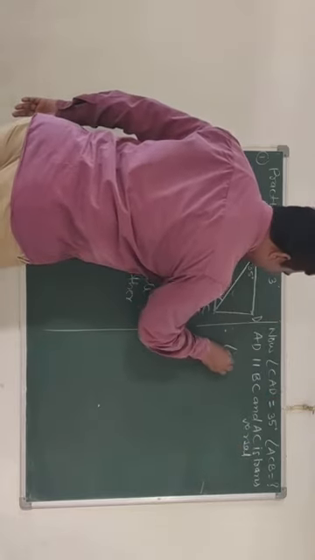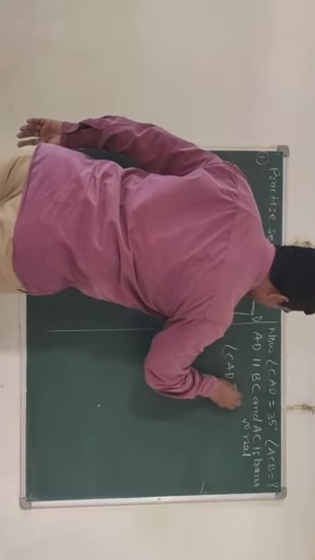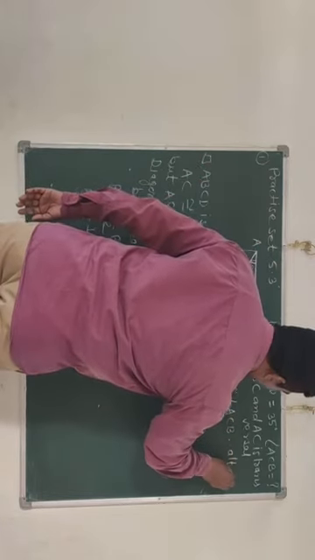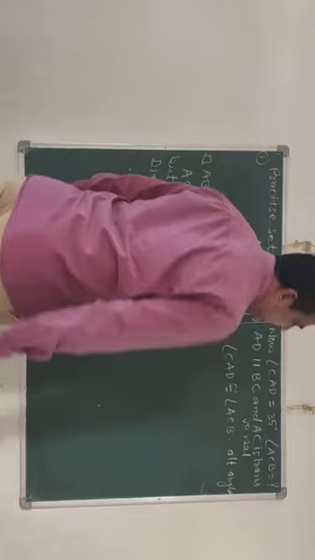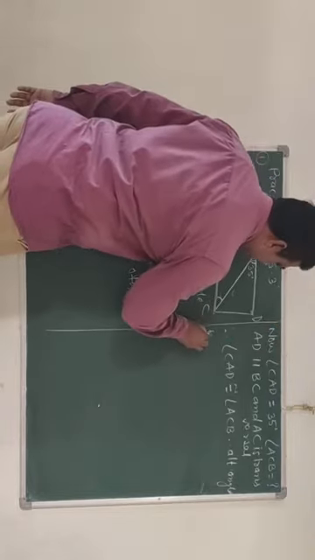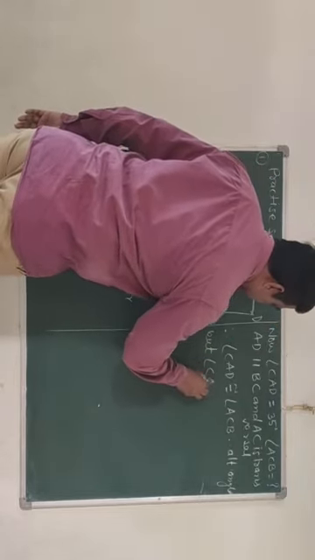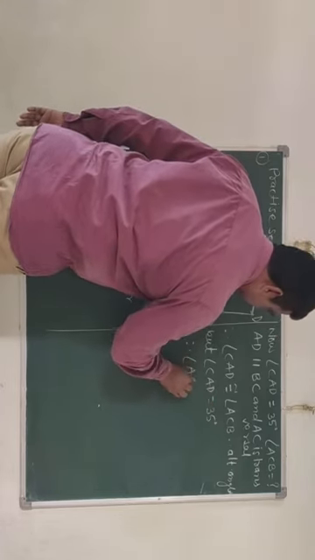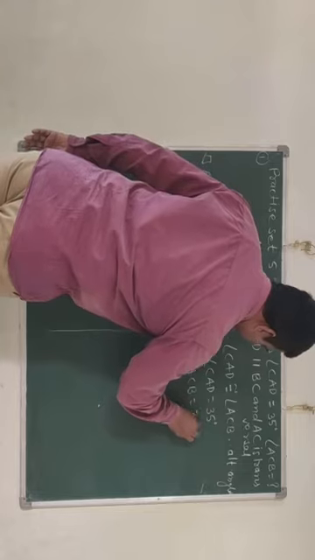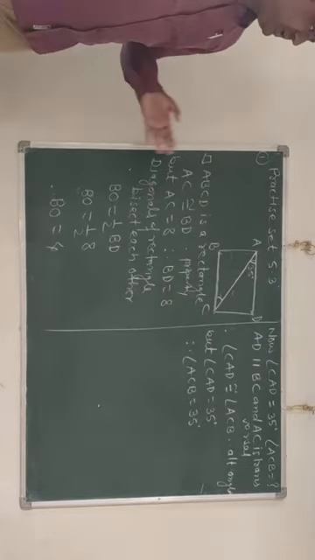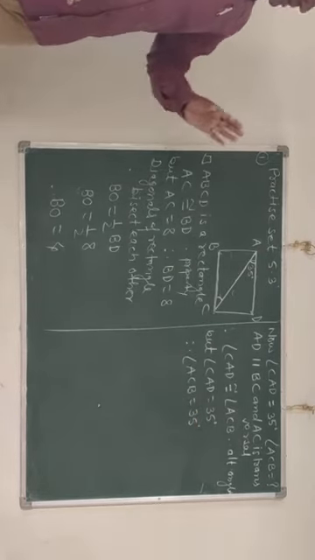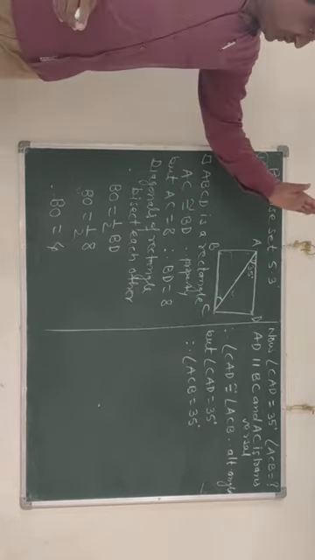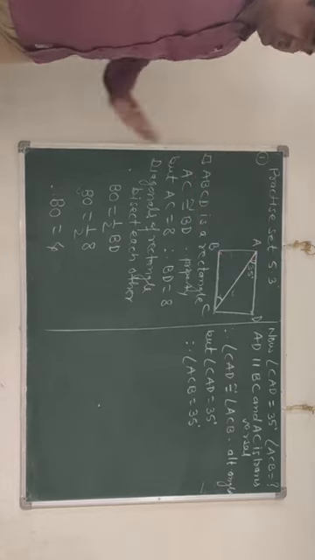Therefore, angle CAD is congruent to angle ACB, that is, alternate angles. But as you are given, angle CAD equals 35 degrees. Therefore, angle ACB equals 35 degrees. So in this way, using properties of rectangle as well as parallelogram, because every rectangle is a parallelogram first, we can perform the calculations like this and find out values.